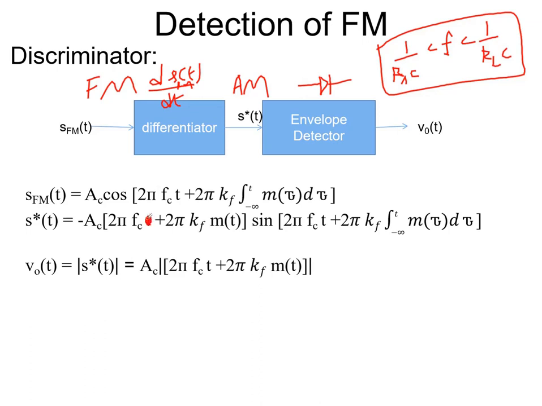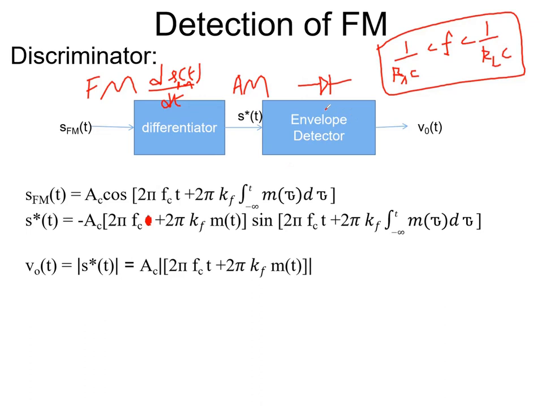There is a small minor error here. 2 pi fc, then 2 pi kf. Differentiation of integration will become the same, m of t. So minus AC sine of theta, then again the differentiation of theta is 2 pi fc. Differentiation of t is 1. Then 2 pi kf, differentiation of the integral of m of t is m of t.